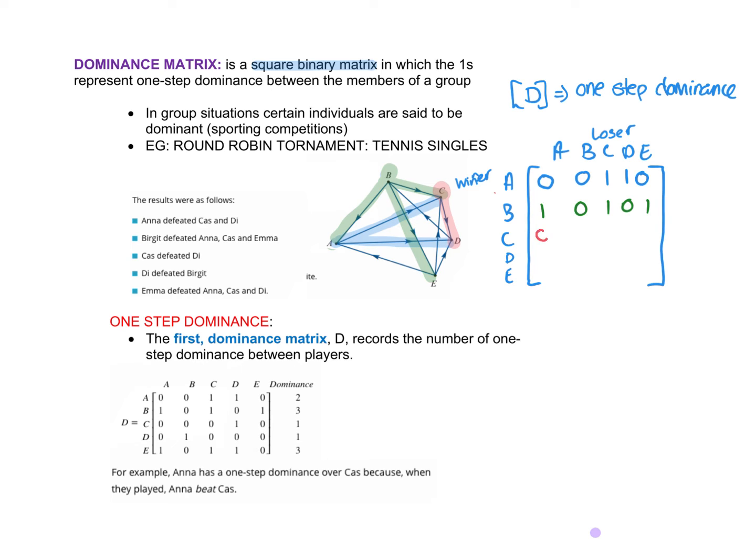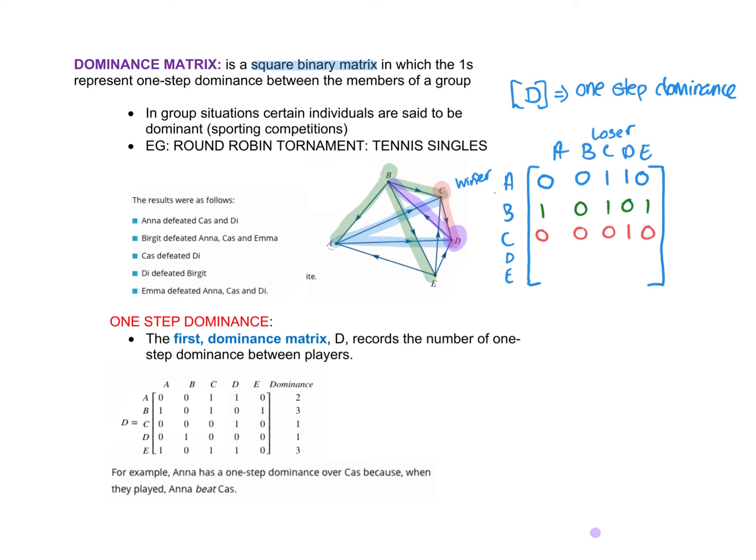So 0, 0, 0, 1, 0. And then if we look at D, it looks like it defeated just B.